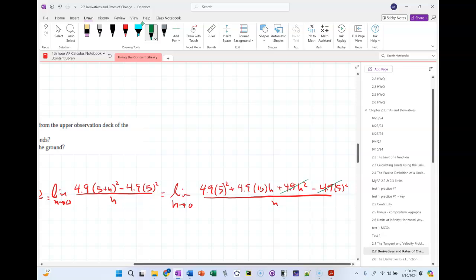So those guys cancel, right? Oh, not those guys. Those guys cancel. Sorry about that. So far, so good. What do you notice? That we can do now? Yeah, we can reduce an h out of there.